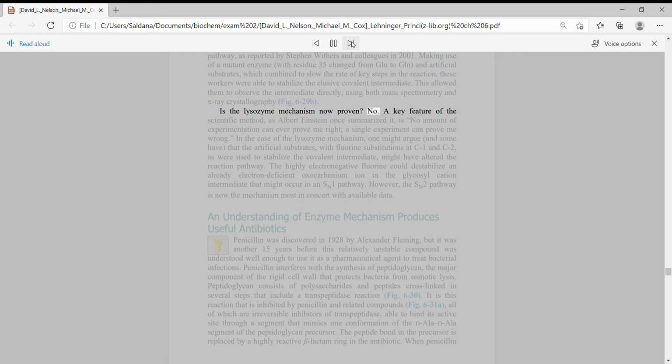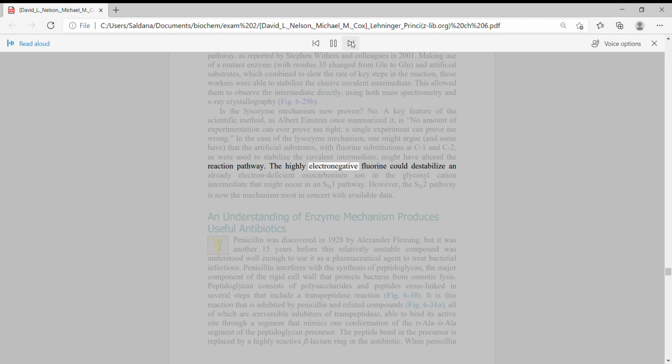No. A key feature of the scientific method, as Albert Einstein once summarized it, is: no amount of experimentation can ever prove me right, a single experiment can prove me wrong. In the case of the lysozyme mechanism, one might argue, and some have, that the artificial substrates, with fluorine substitutions at C1 and C2, as were used to stabilize the covalent intermediate, might have altered the reaction pathway.